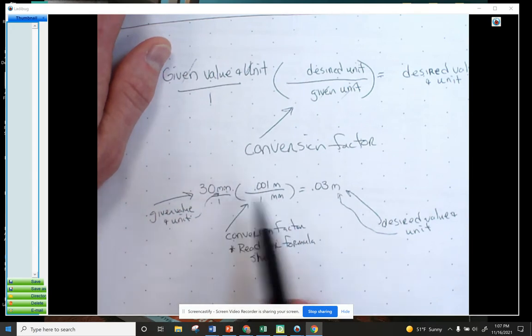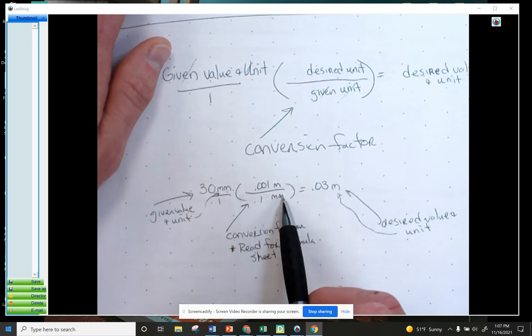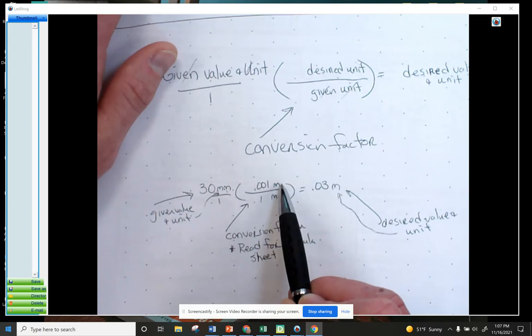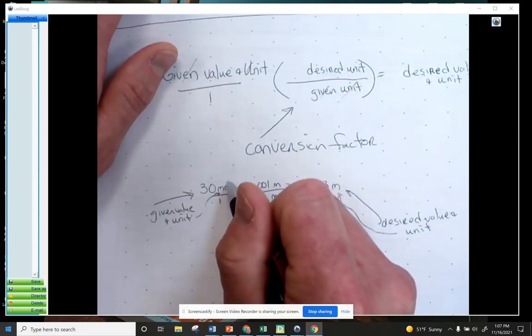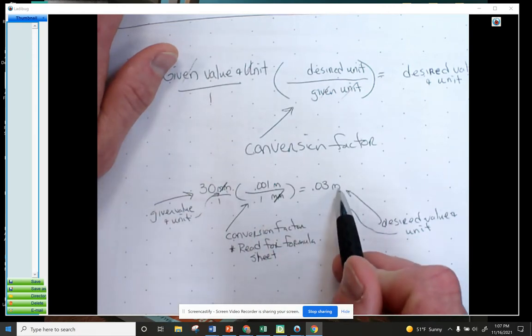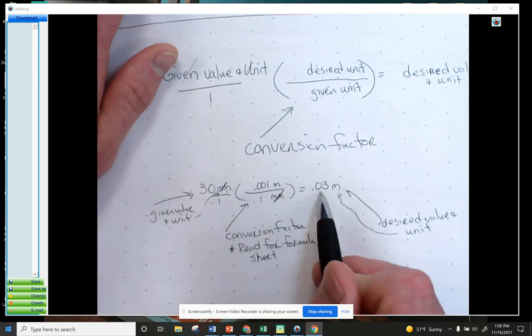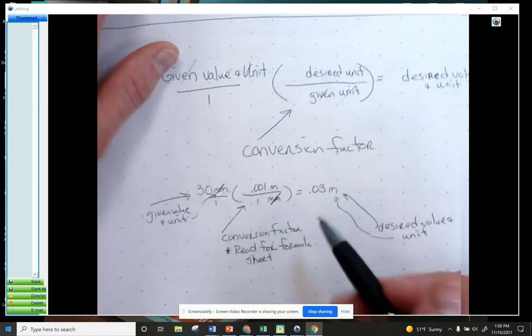You're going to meters in this case. So 1 millimeter equals 0.001 meters. The desired is on the top here. The millimeters will cancel. Left meters, your answer, there you go. 30 times 0.001 gives me 0.03.